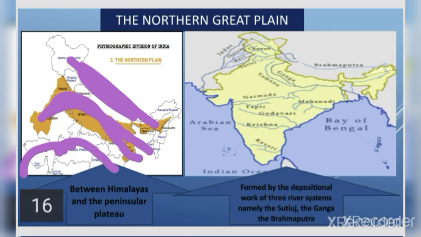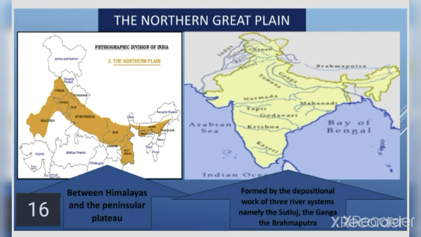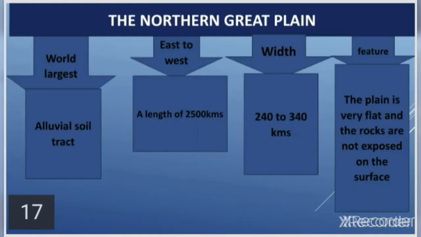The northern Great Plain is formed by the depositional work of the three river systems, namely Satluj here, Ganga and Brahmaputra. The northern Great Plain is the largest alluvial soil tract in the world, and it extends from east to west.